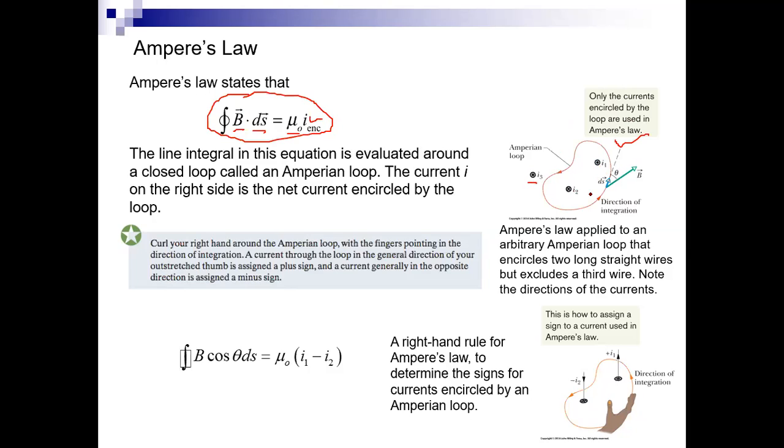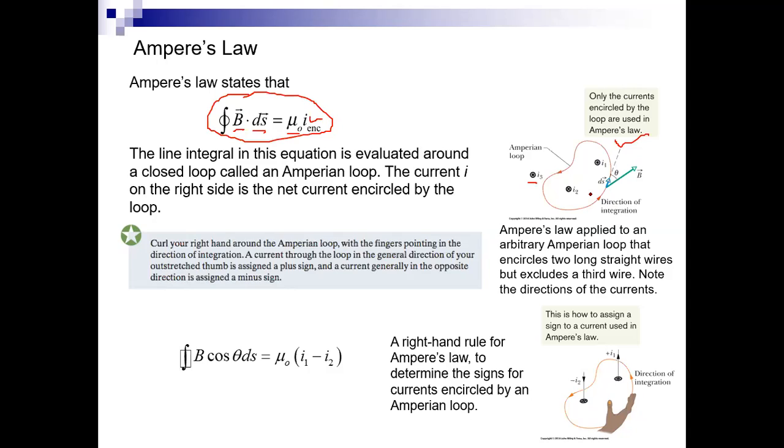It means, just like Gauss's law, when we consider a Gaussian loop, we take the net charge enclosed by that Gaussian loop. Now here we will define Ampere's law not only with the magnitude of current, rather the net amount enclosed by that loop. It may be something into the page, something out of the page.